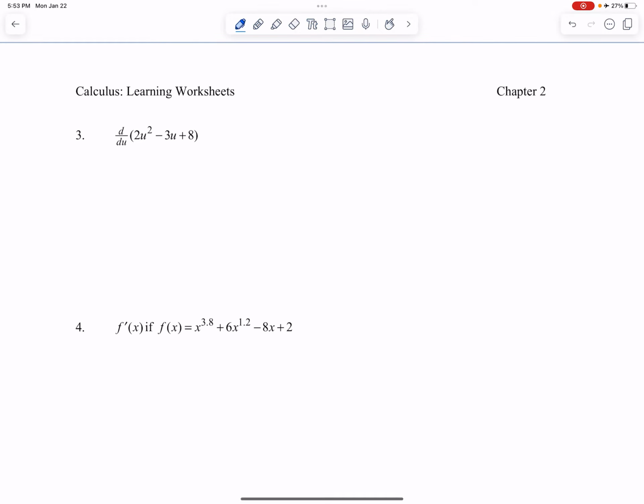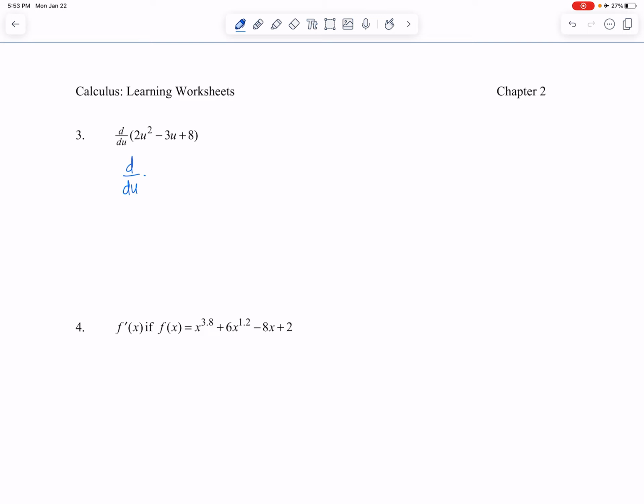Next, we want to take the derivative with respect to u of 2u squared minus 3u plus 8. We're going to use two properties. We can break each one up and take the derivative separately, which was, I think, theorem 4. And we'll use the power rule and the constant rule, so we're using all the rules.